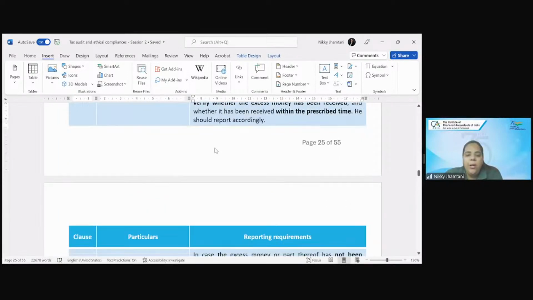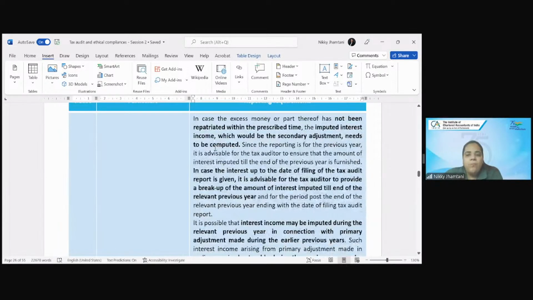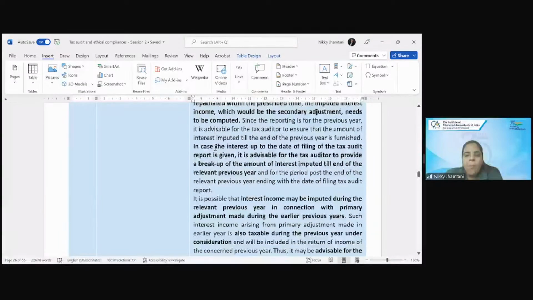He should report accordingly. In case the excess money or part thereof has not been repatriated within the prescribed time, the imputed interest income, which would be the secondary adjustment, needs to be computed. Since the reporting is for the previous year, it is advisable for the tax auditor to ensure that the amount of interest imputed till the end of the previous year is furnished.